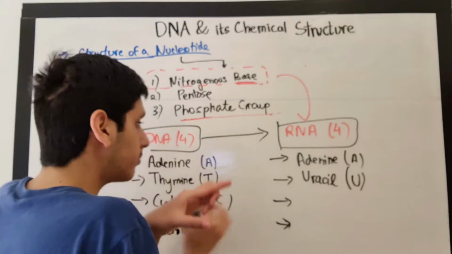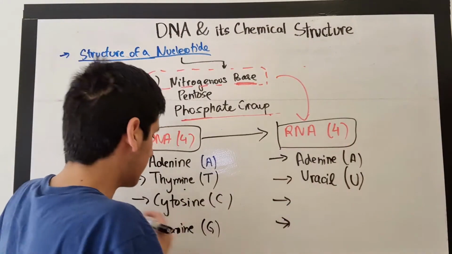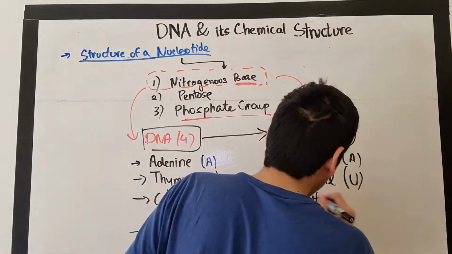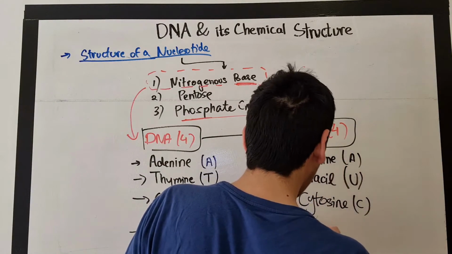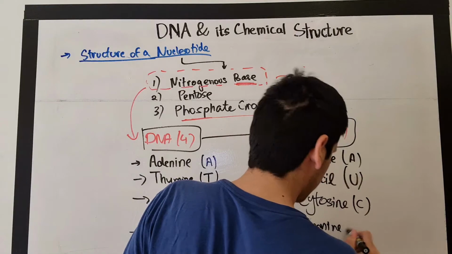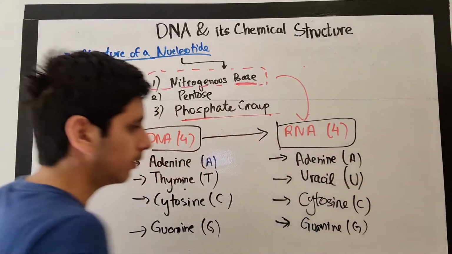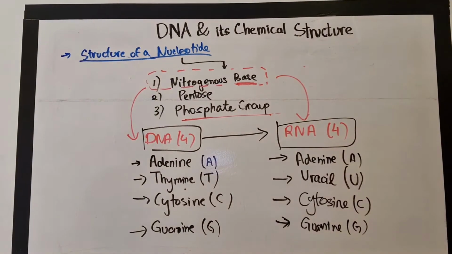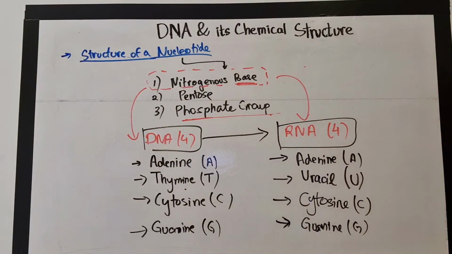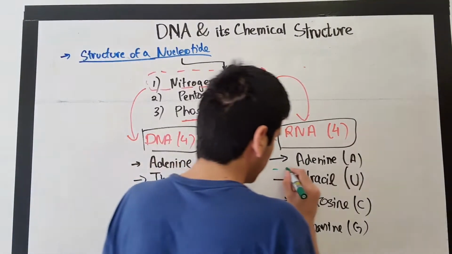We change the thymine into uracil, because the others are the same. You have cytosine here, and guanine as well. So it's just this that makes the entire difference.